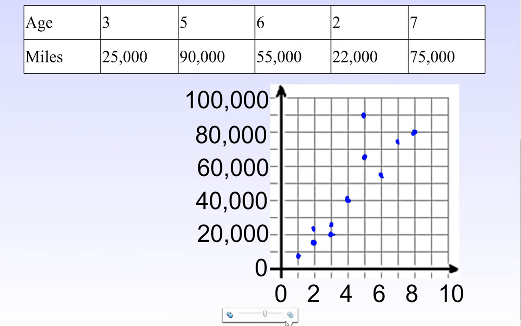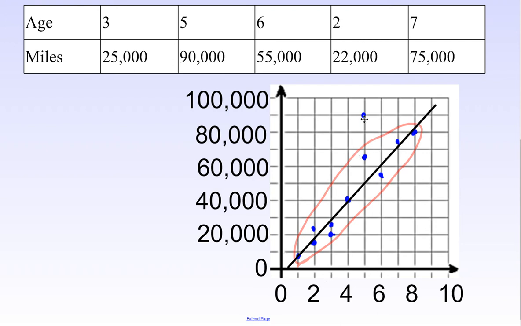So I'm going to turn this down a little bit. So if I lightly sketch, and then my line of best fit would kind of go right in the middle of that burrito.